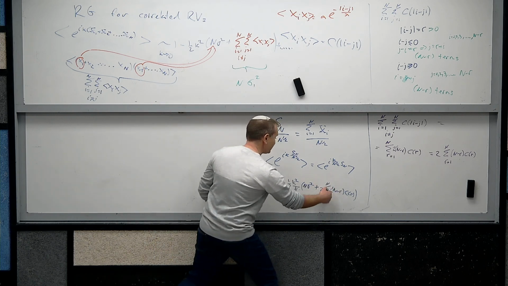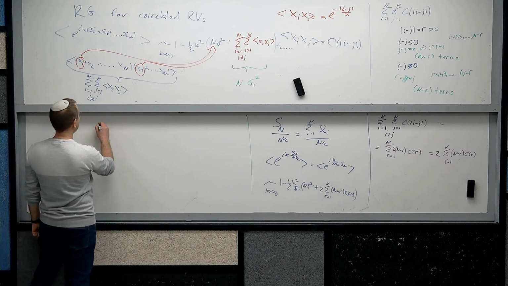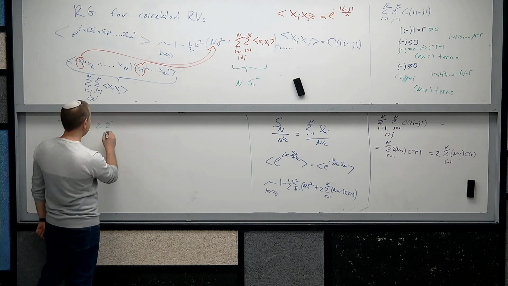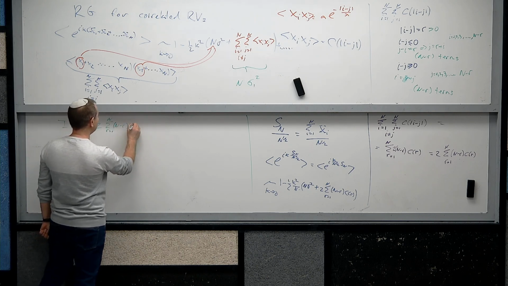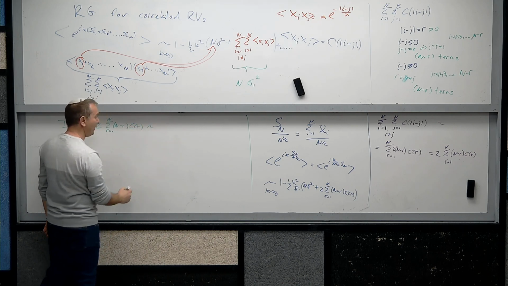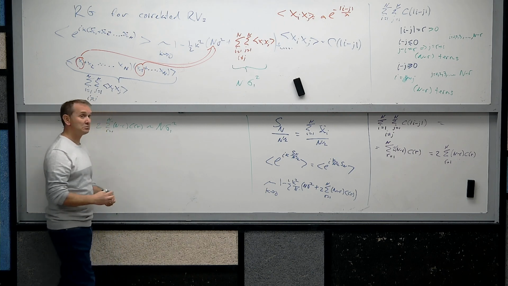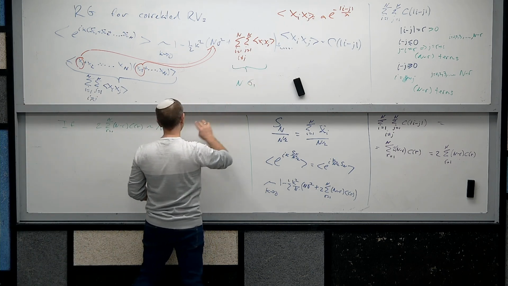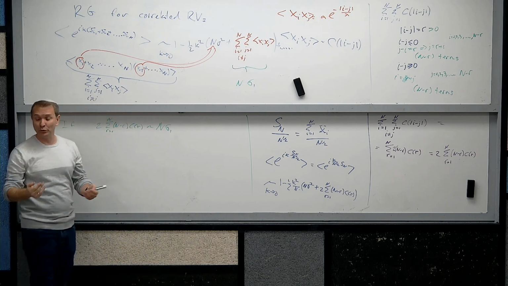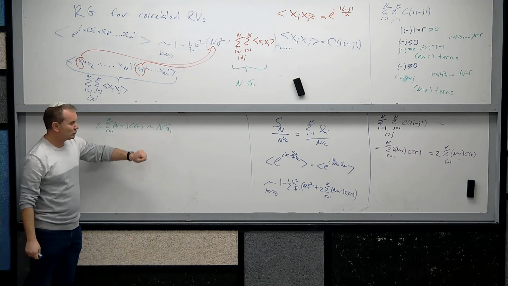So if the summation r goes from 1 to n of (n minus r) c of r goes as n sigma 1 squared. You know what? We don't need sigma 1 squared, just sigma 1. Maybe it's a negative number, who knows? If this is indeed the case, you see what happens?